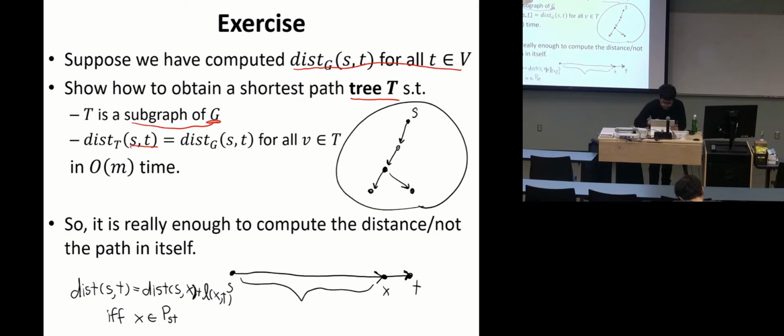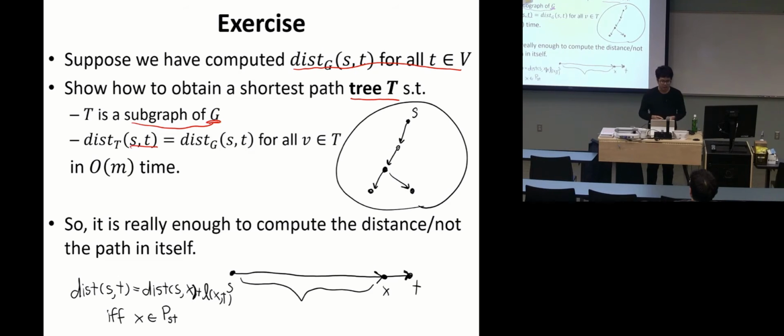And as long as you have a graph where each node has one parent, you will get a tree. You will get a directed tree rooted at S. So this is how you construct this tree, T.